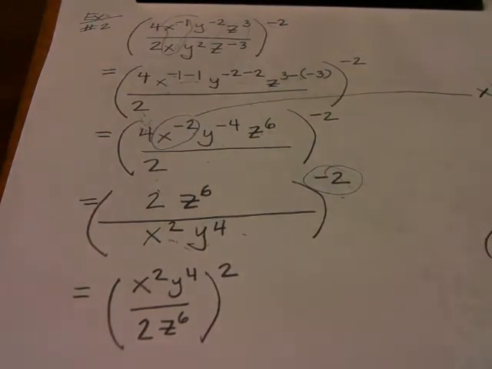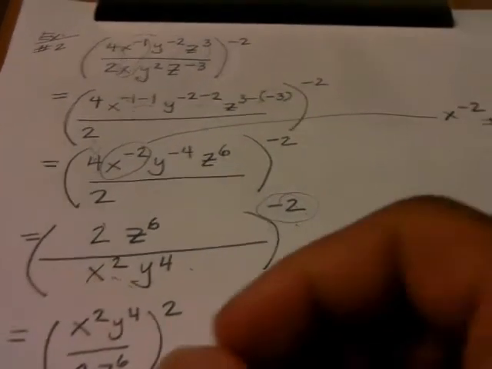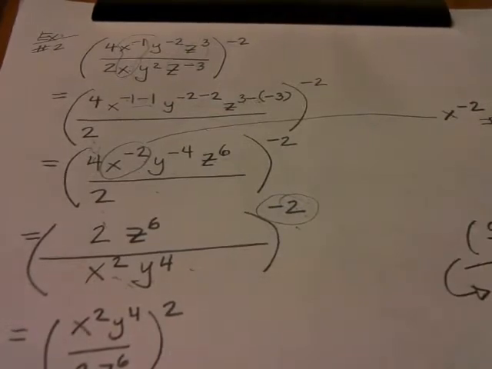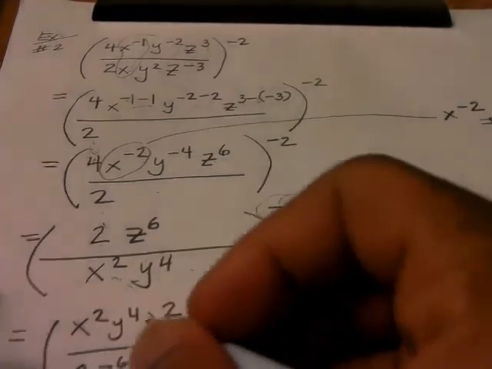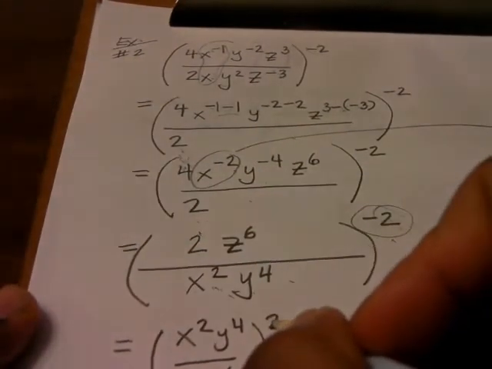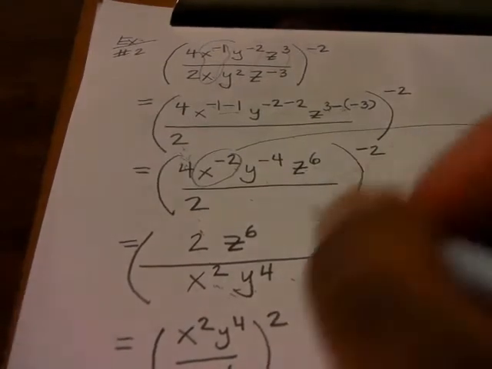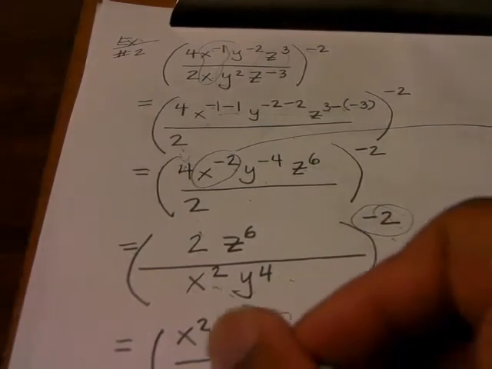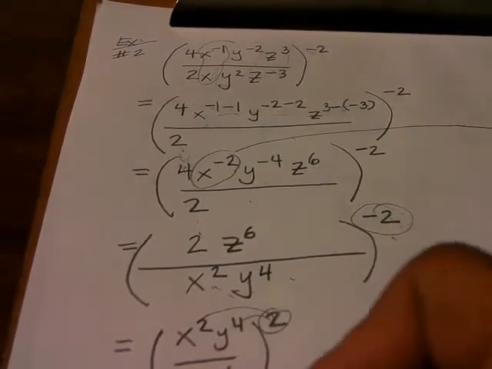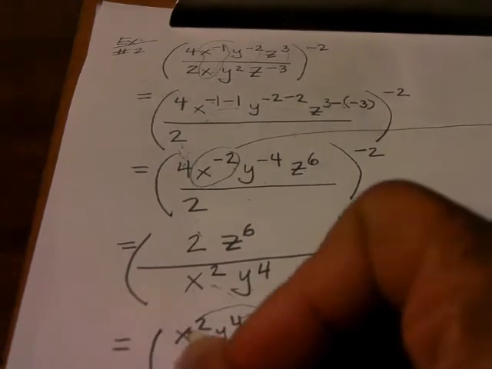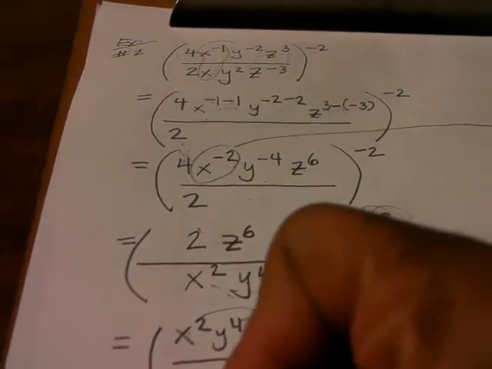And as it becomes positive, we can go ahead and apply the other rule: any exponent raised to the power of an exponent, you take the product of them. So in this one, we raise each of these to the power of 2. Raise x squared to the power 2, which gives you x to the 4.